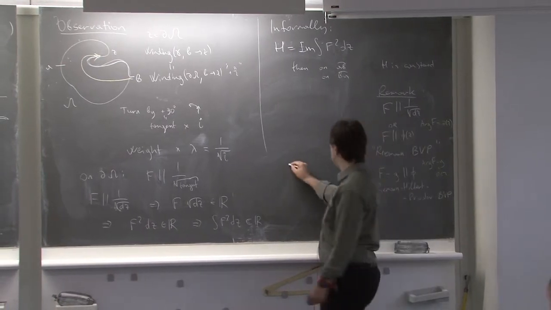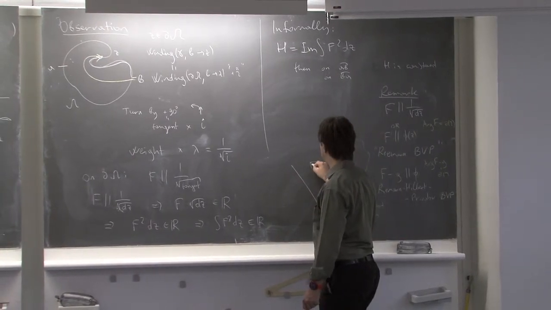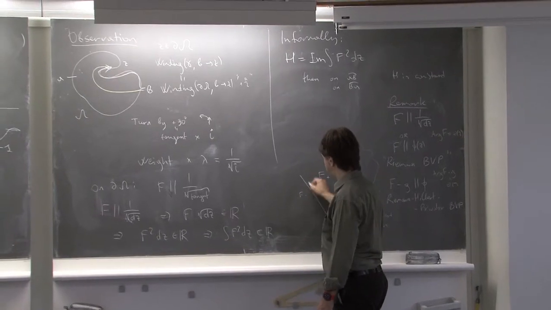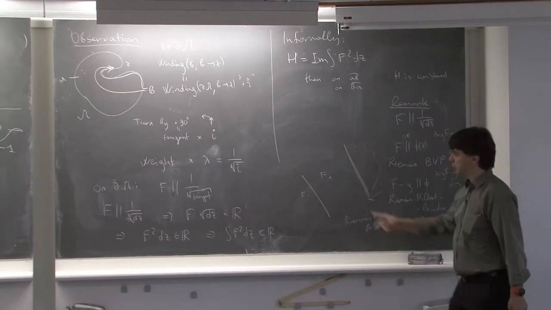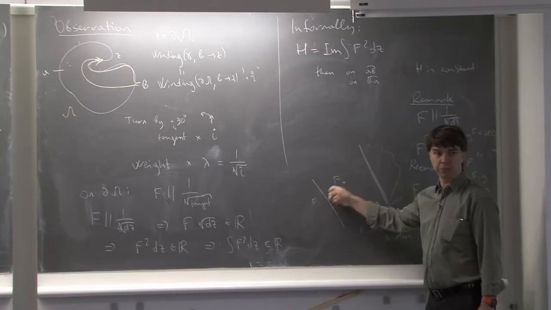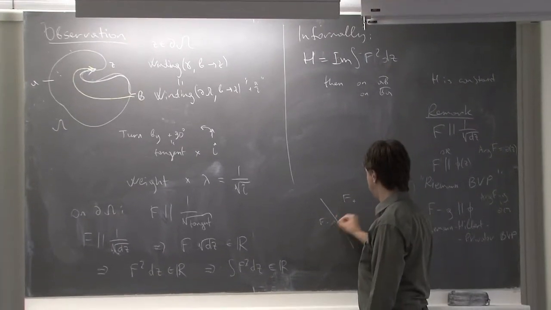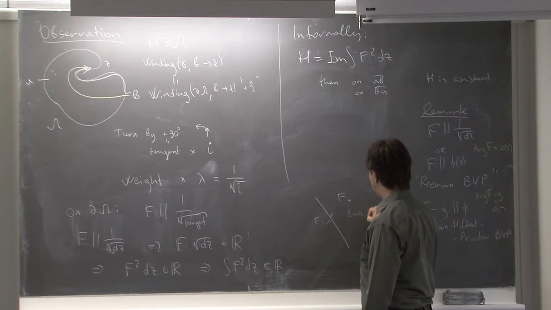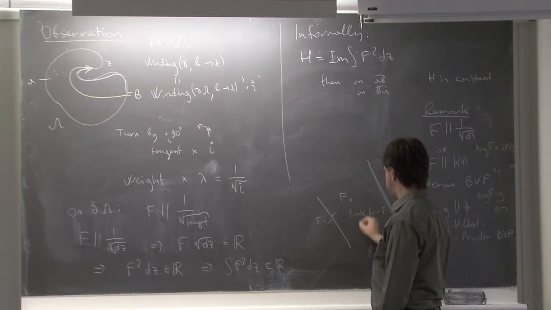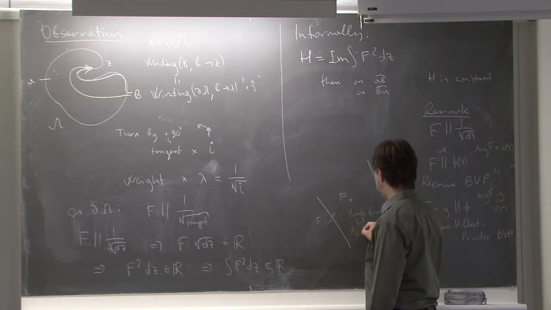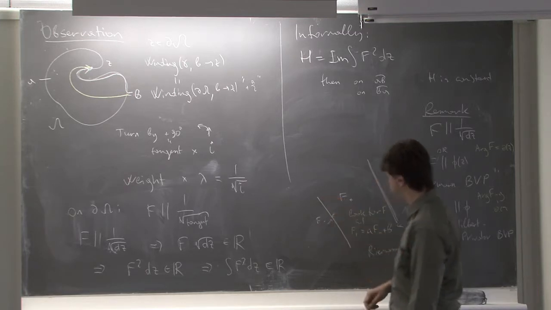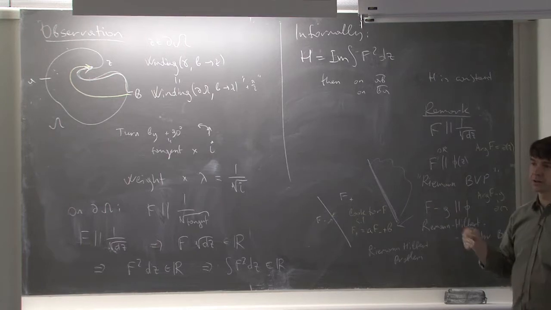And the Riemann-Hilbert problem is to find f in a plane with a slit so that it has a given jump. It's a problem where you look for f such that f plus is equal to a f minus plus b on the boundary, so that the function has a given jump.